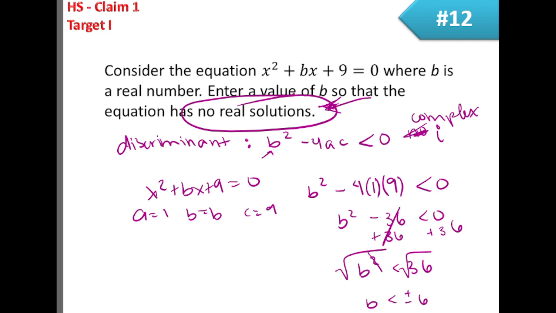Okay, that's why the answer in your packet is this: negative 6 less than b less than 6, because b is in between. It should actually look like this. B is in between negative 6 and 6. So any number in between 6 and negative 6 is a correct answer.